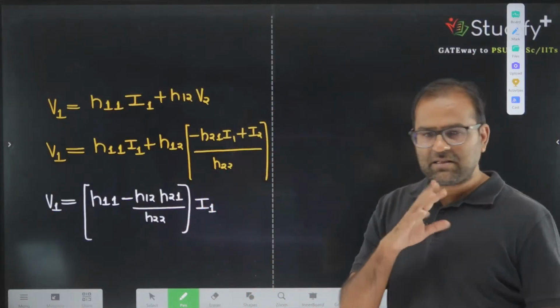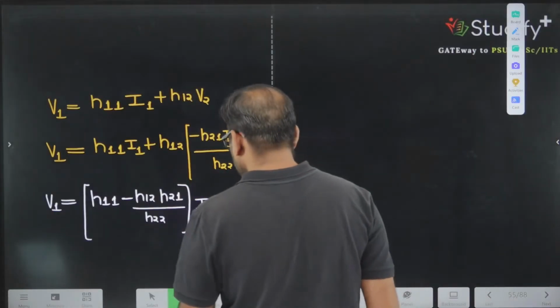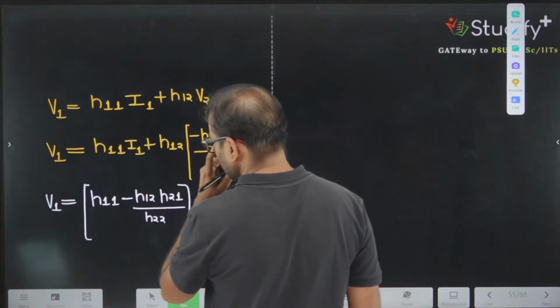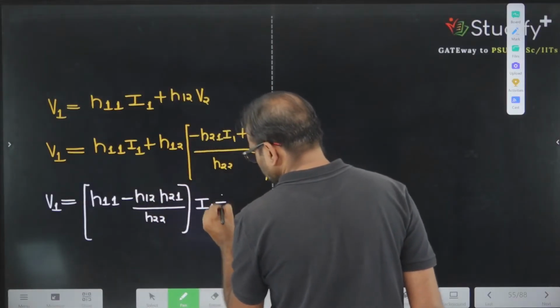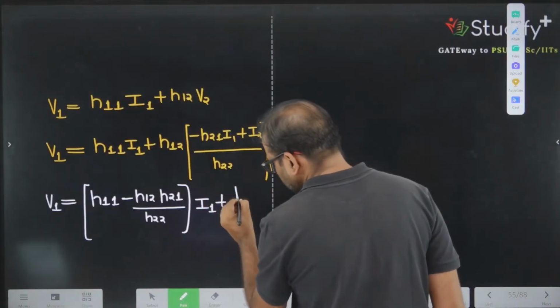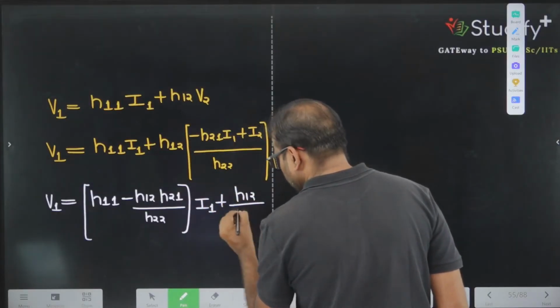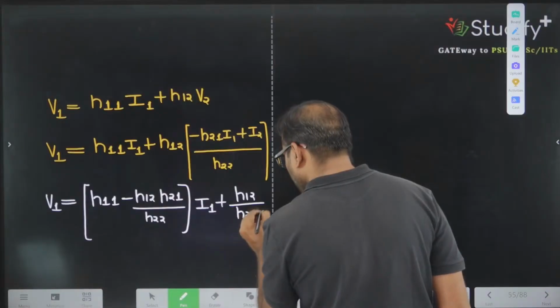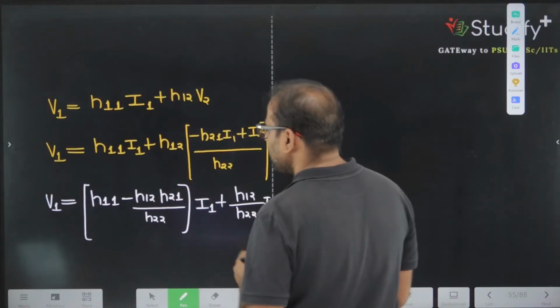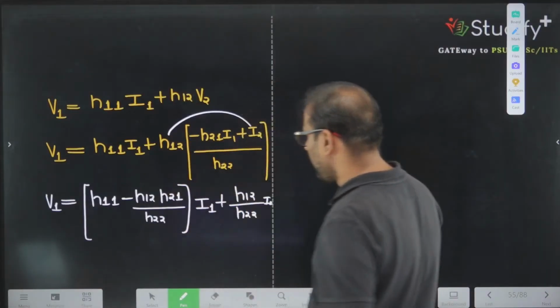Correct? This is one of the equations. And what is the second? The coefficient of I2 is H12 divided by H22 times I2. Means this variable is multiplied here and divided by H22.